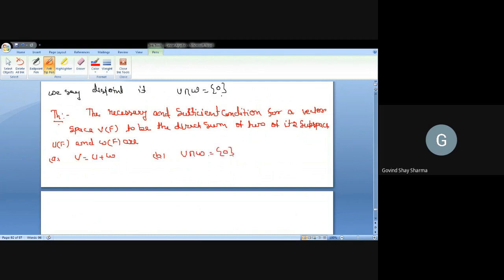These are the two necessary and sufficient conditions for V to be the direct sum of two subspaces U and W.